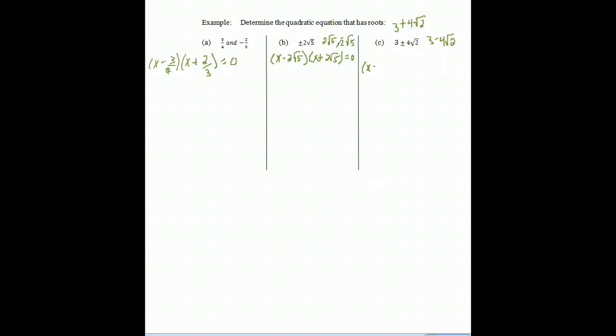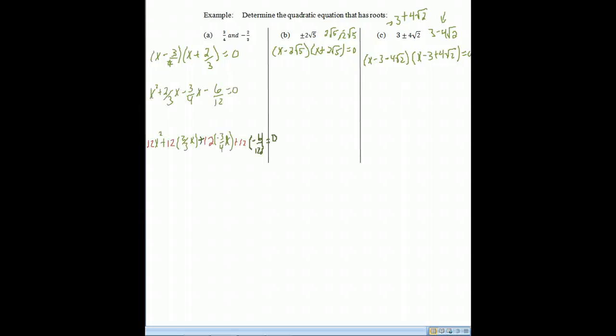So it will be negative 3, negative 4 root 2 for our first one. And then for our second one here, negative 3 plus 4 root 2. Okay, and we'll work through each of these separately now.